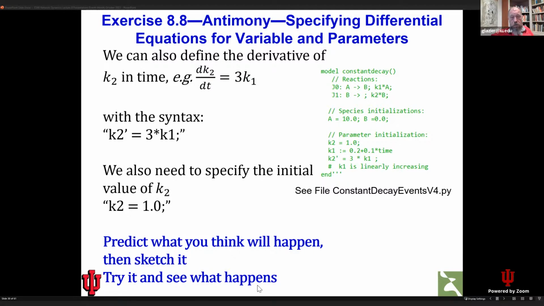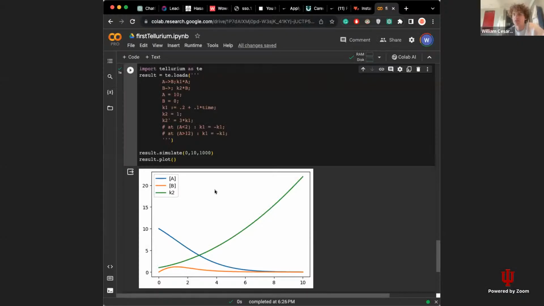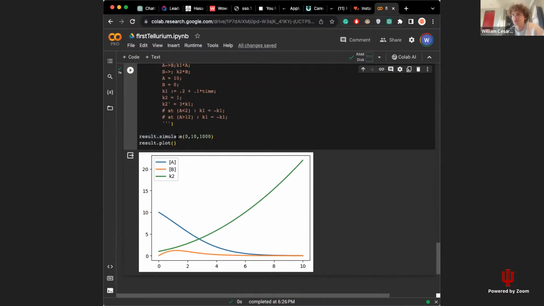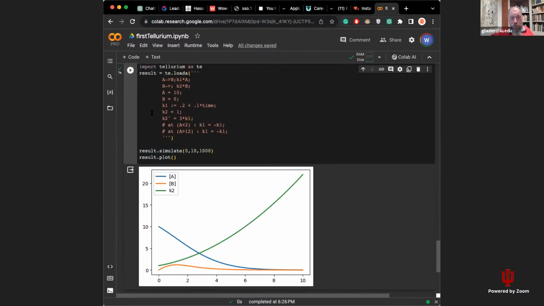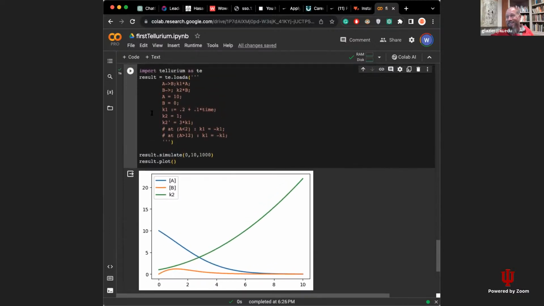Does somebody want to tell me what they got when they did that? It's graphing K2 because it's changing, which makes sense. Good. So you answered my next question exactly, which is why do you have the extra line, which is K2? And you answered it, which is it's plotting it because it's changing.